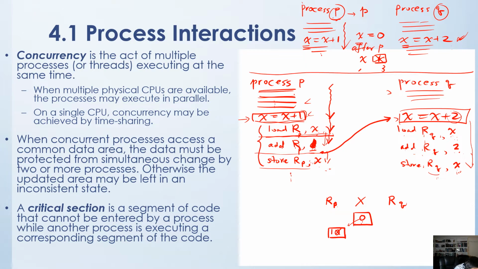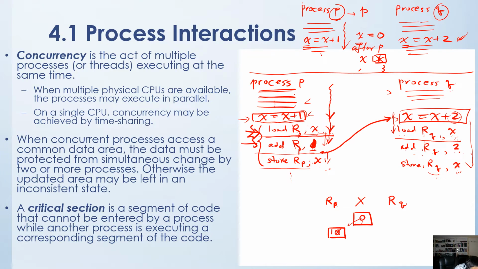Okay. Now, for some reason, it happens that during the execution of Q, it executes the first instruction, load. Now, what happens? When you load X to RQ, what's the value of X? We have run 2 instructions over here, right? But they made a change to RP. So RP is now 1.